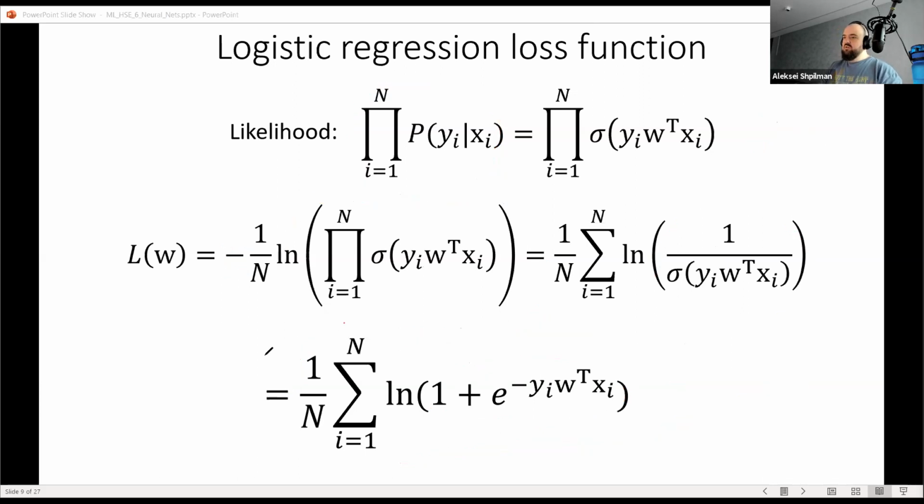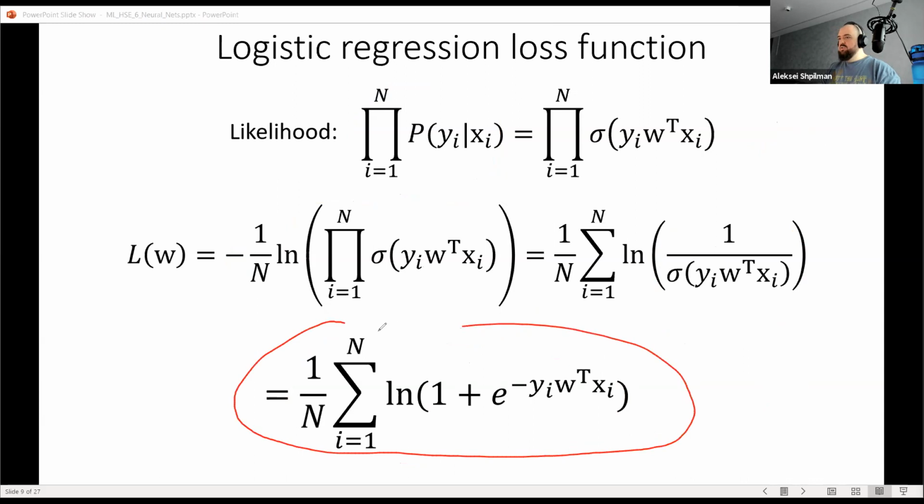So this is a negative log likelihood loss for logistic regression, right? And we want this to be as low as possible. So if we wanted the likelihood to be as high as possible, the negative log likelihood we want to be as low as possible, right? So it's a good loss function. We want it to be 0 in a perfect world.